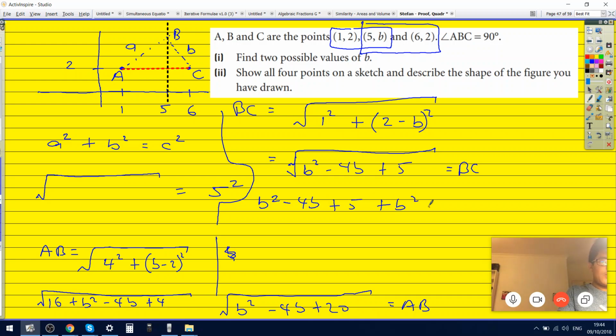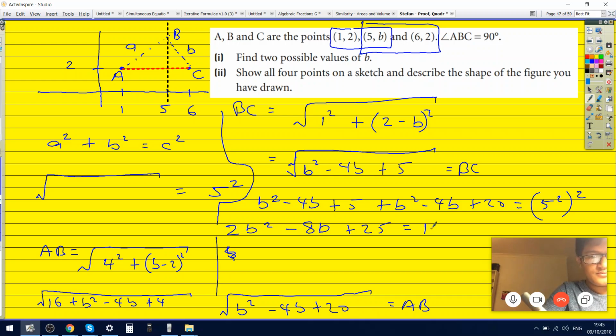So it's a squared plus b squared: the square of this square root plus the square of this square root. So b squared minus 4b plus 5 plus b squared minus 4b plus 20, which is 25.